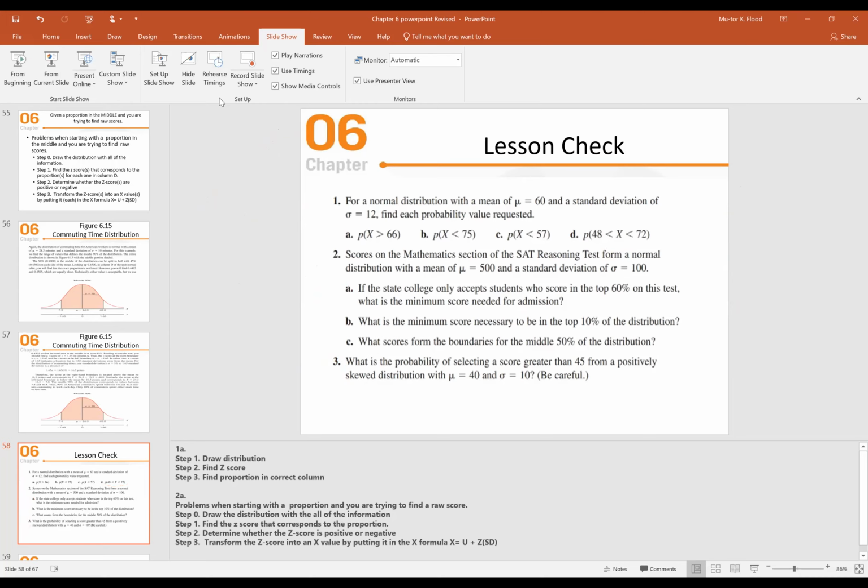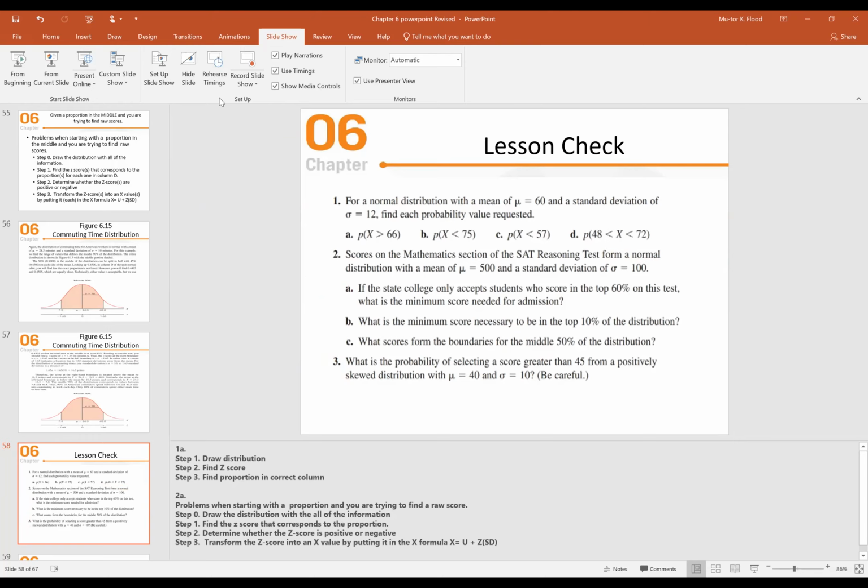Okay. So the next question: scores on the mathematics section of the SAT reasoning test form a normal distribution, right? It's normal, so we can use a unit normal table with a mean of 500 and a standard deviation of 100.